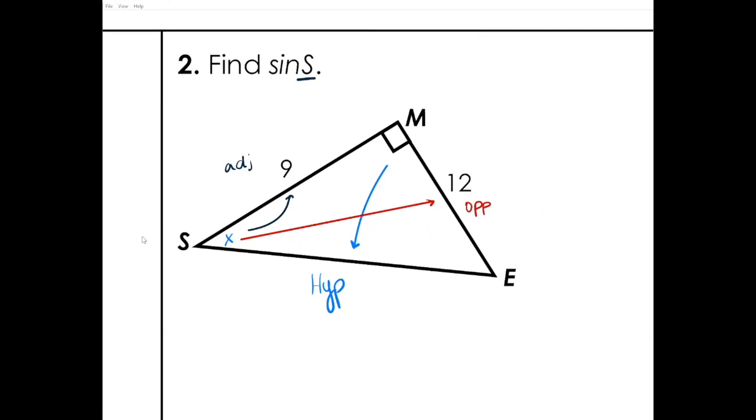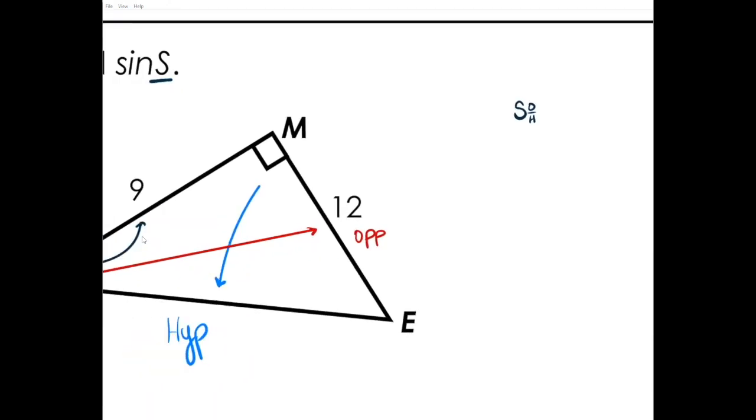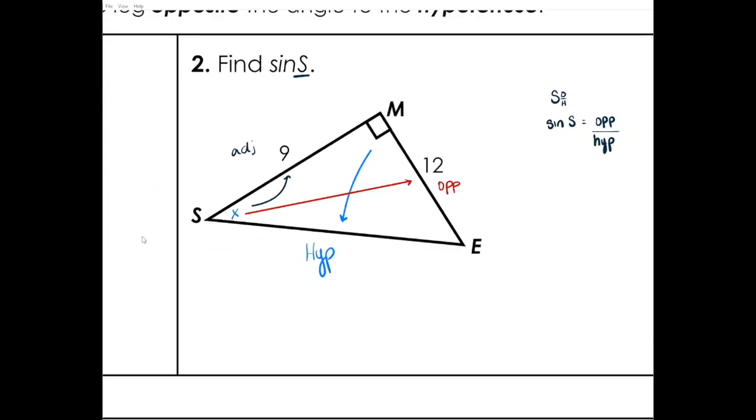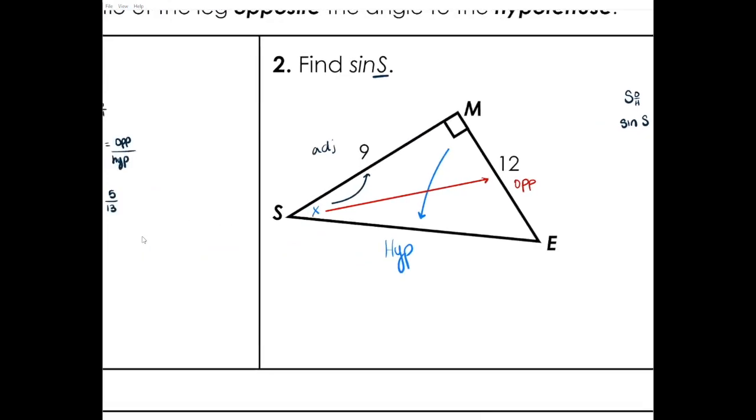Okay. So sine of S, sine is S-O-H, which is the opposite side over the hypotenuse. Looking at our problem, it is 12 over, we don't know that. We're missing a side.